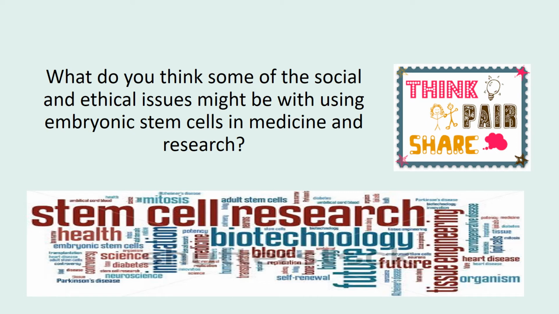Now, if you aren't sure or can't remember what an embryo is, an embryo is an undifferentiated cell that is formed weeks after fertilization. So when a sperm and an egg's nuclei fuse to make a zygote, that zygote will divide via mitosis and create an embryo. And those embryos are able to differentiate or specialize into any type of cell.